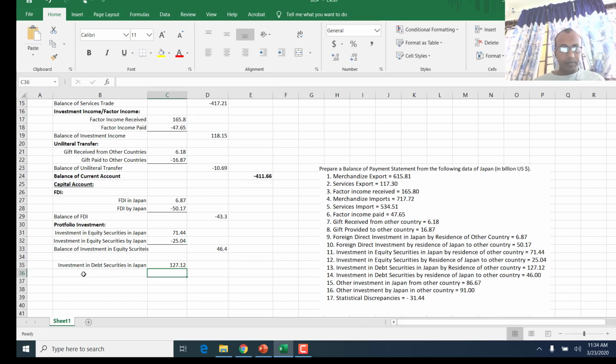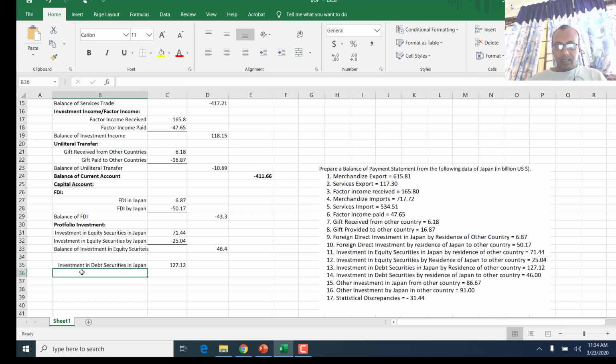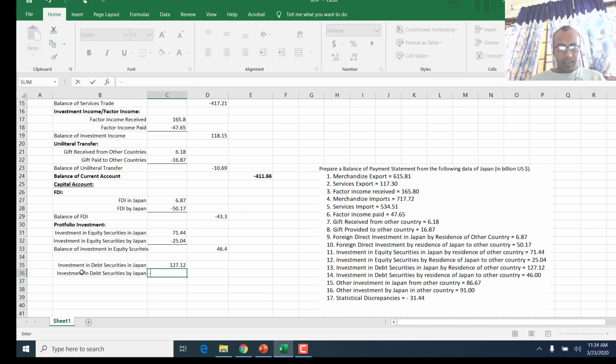So in transaction number 14 we see investment in debt securities by Japan, by Japan means the residents of Japan, 46 billion USD.